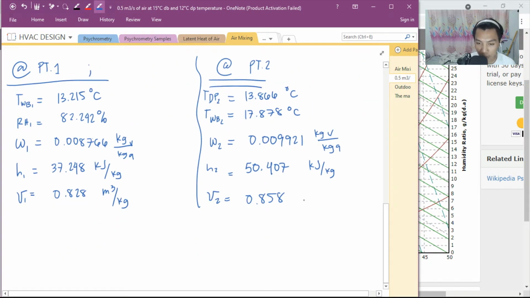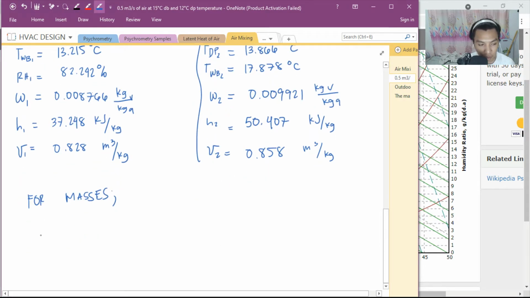Hanapin natin yung mass kung hindi kayo komportable sa volume. Pwede na yun. Okay, alamin natin yung mass. Diba, tandaan nyo, density is equal to mass over volume.